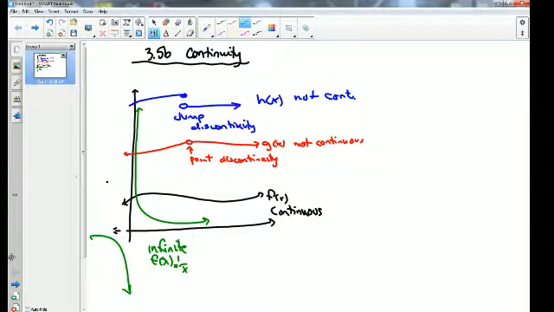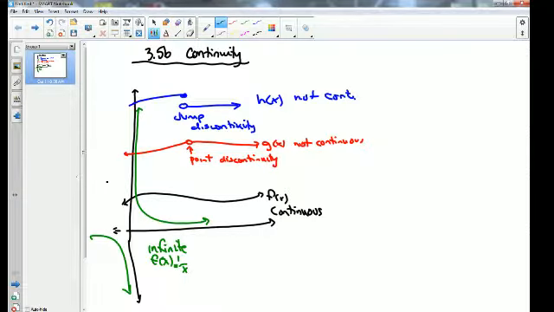That is an infinite discontinuity. All right, we're good with that? In the basic understanding? Okay.